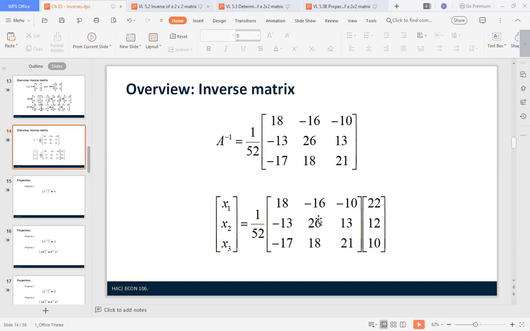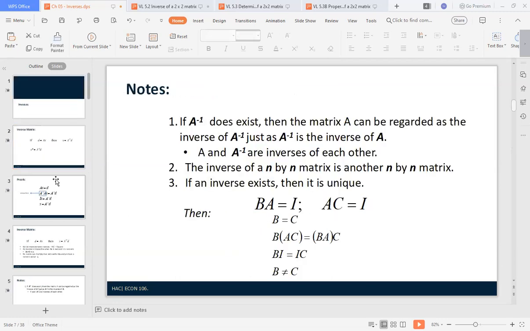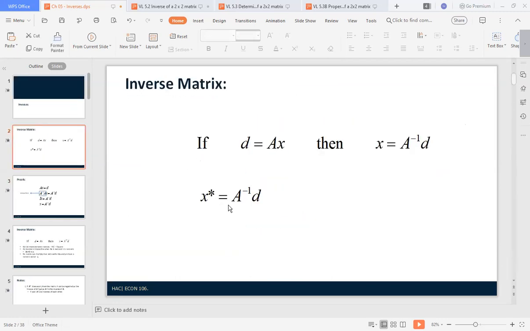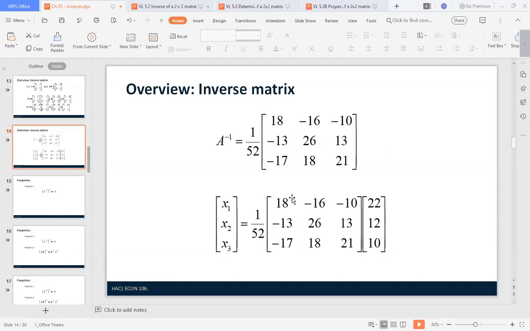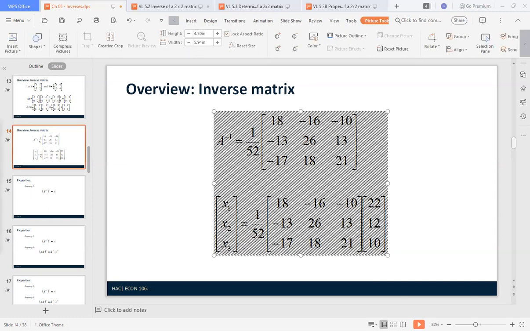Remember, class, in order to get the value for x star, we need to multiply our inverse with our constants. So in this example, we multiply our inverse to our constants, and we get a value for x. Let's discuss this one briefly.